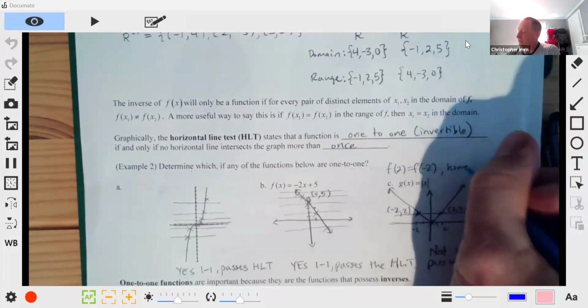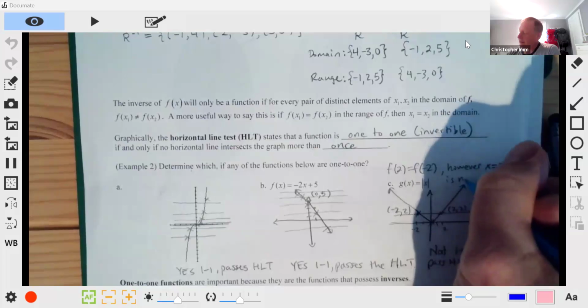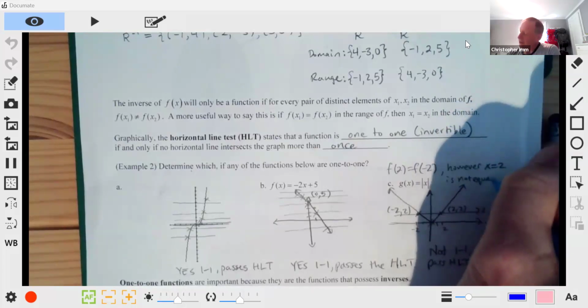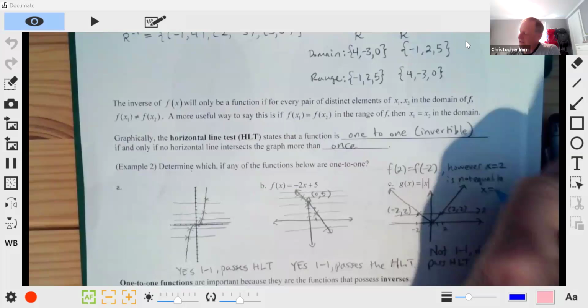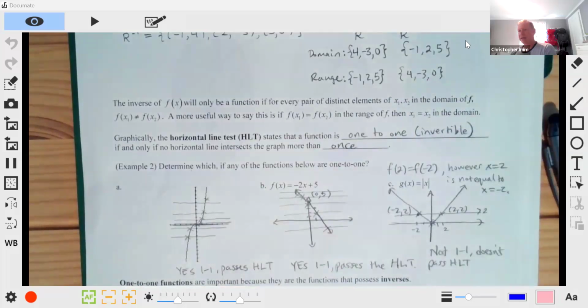However, x equals 2 is not equal to x equals -2, of course. So they came from 2 different x values in the domain. Another way to sort of show that this one doesn't have an inverse.